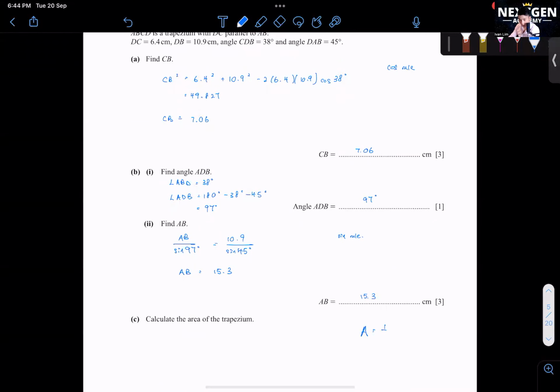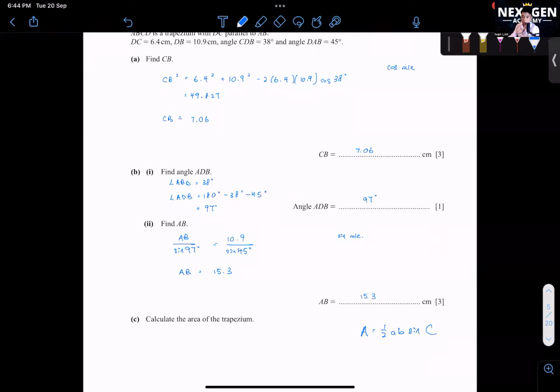Area is half ab sine C. All of it, you need to use all the formulas that are not given to you. So you need to memorize your sine rule, your cos rule, and your area when it is not a right angle triangle. Anyone has no idea what is sine rule, cos rule, or area of triangle?